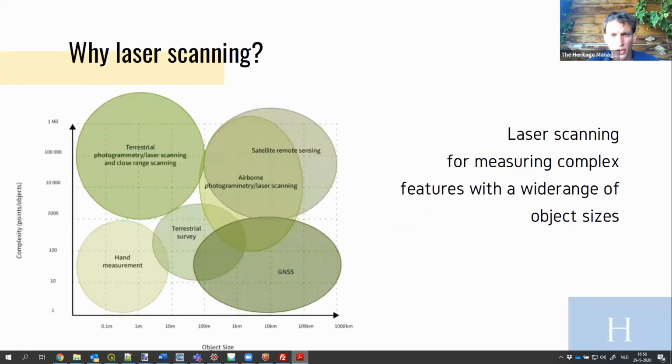So laser scanner, okay, we have a site, we have the desirability to apply laser scanning in our case. Then the question is, when is it a good idea to implement laser scanning?